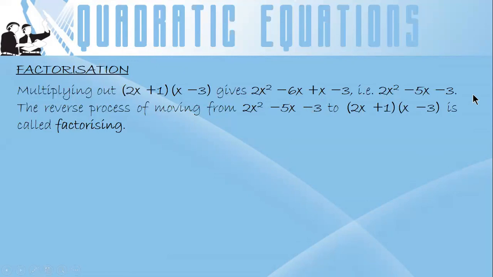Now, the reverse process of moving from 2x squared minus 5x minus 3 to the two factors, 2x plus 1 and x minus 3, is called factorizing.